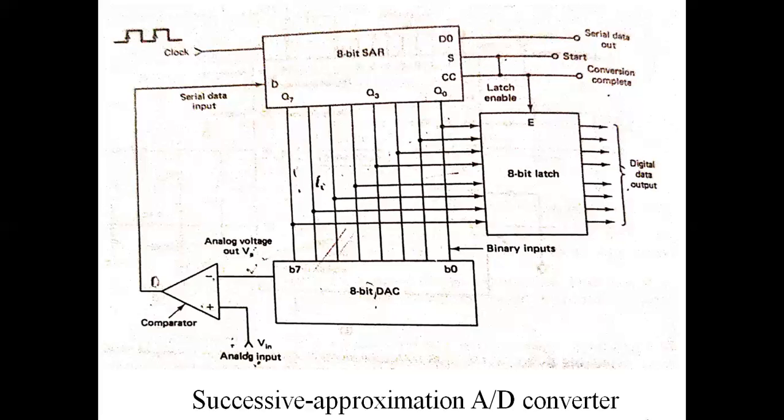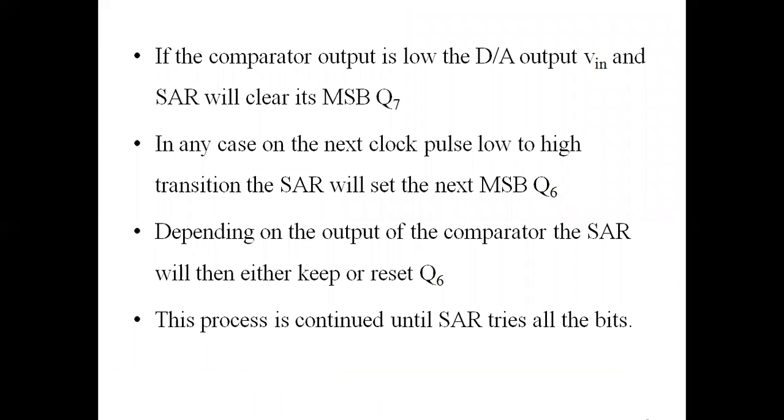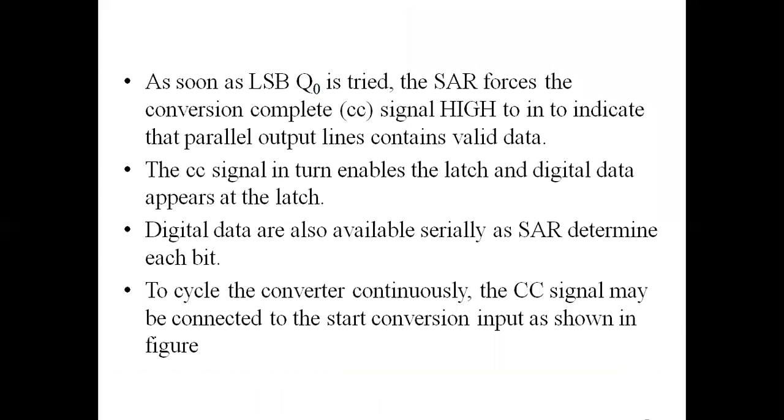The advantage of the successive approximation A to D converter is its high speed as well as excellent resolution. In this way the SAR will work, and these are some of the points I have just explained in the circuit.